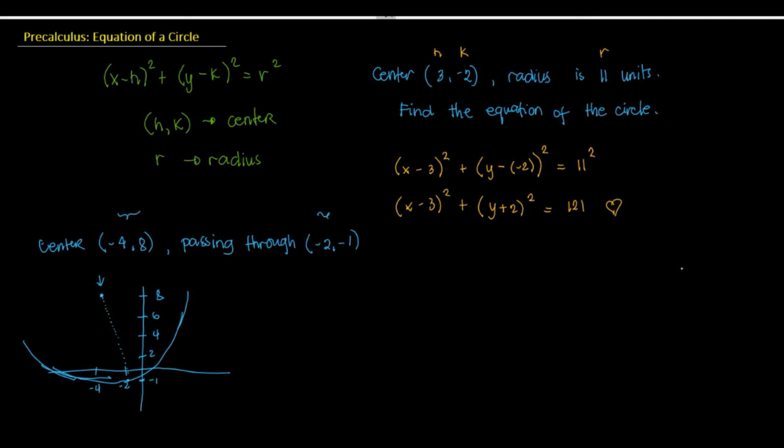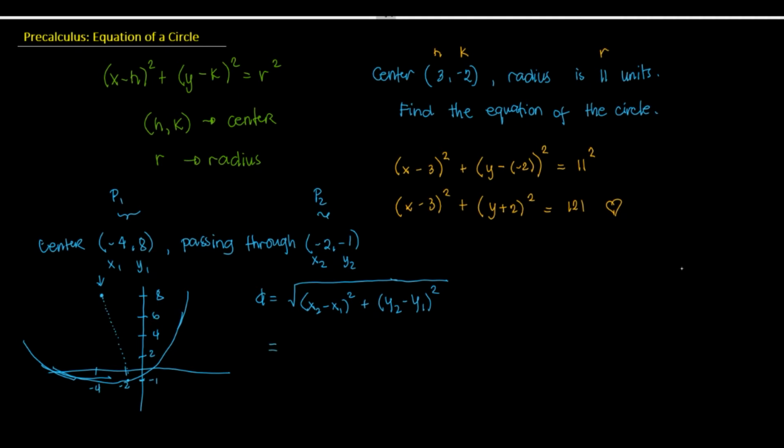to this point. And the distance formula is given by the square root of (x2 - x1)^2 + (y2 - y1)^2. Let's say this is going to be our point 1 and this is going to be our point 2. This follows that x1 is -4, y1 is 8, x2 is -2, and y2 is -1.